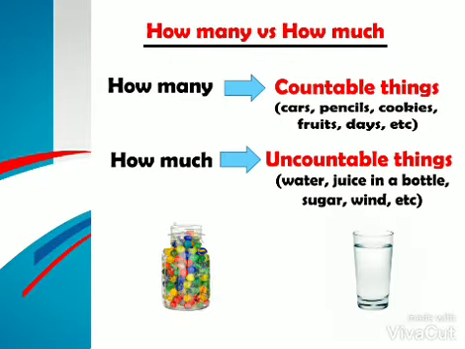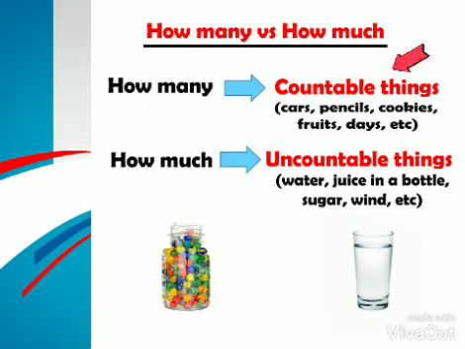Now, surely you have heard about how many and how much several times, but you don't know when to use it and how to use it. Well, we use how many when we talk about countable nouns or countable things. When I say countable things, I mean those things that you can easily list and count.